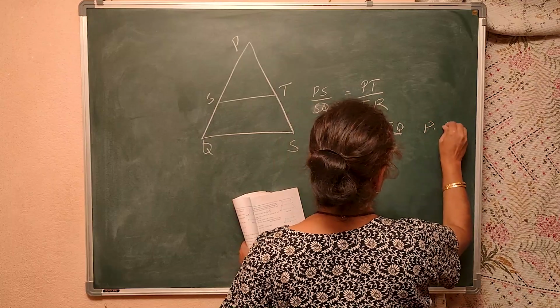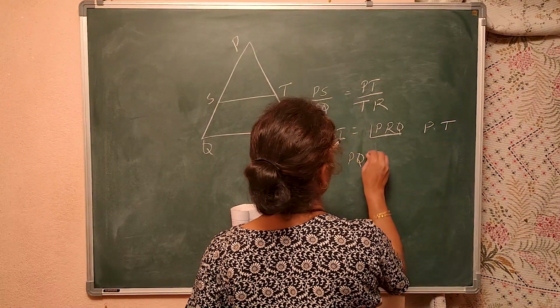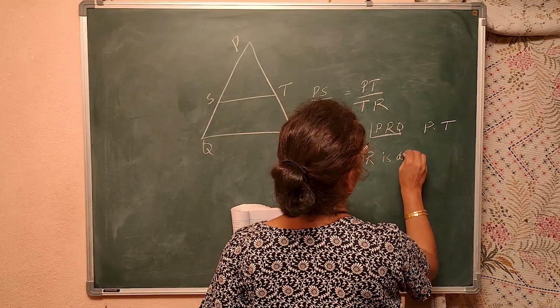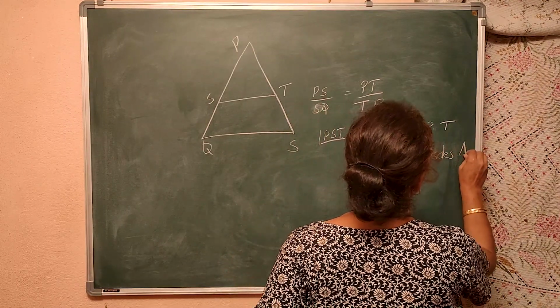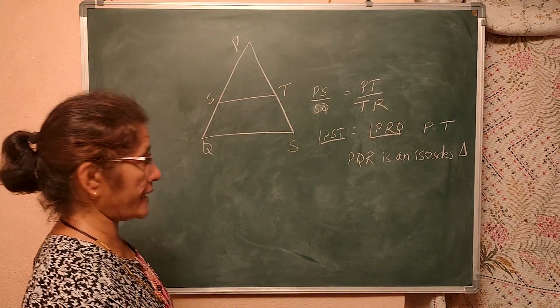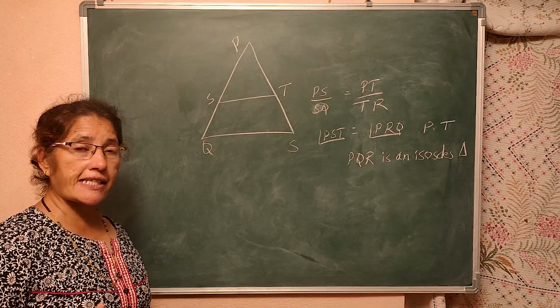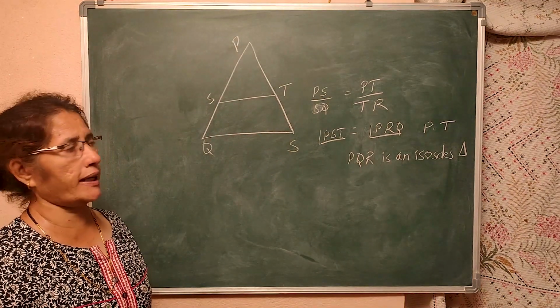Prove that PQR is an isosceles triangle. What is the meaning of isosceles triangle? In an isosceles triangle, base angles are equal.